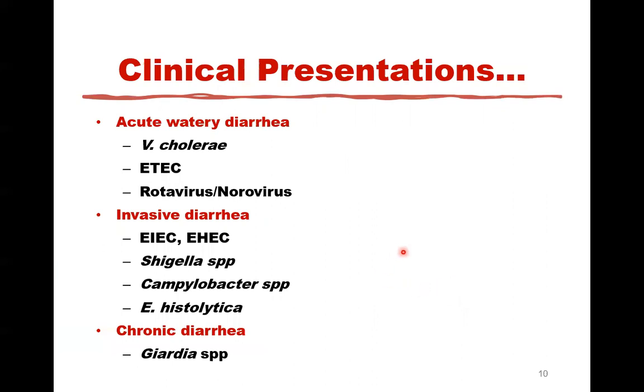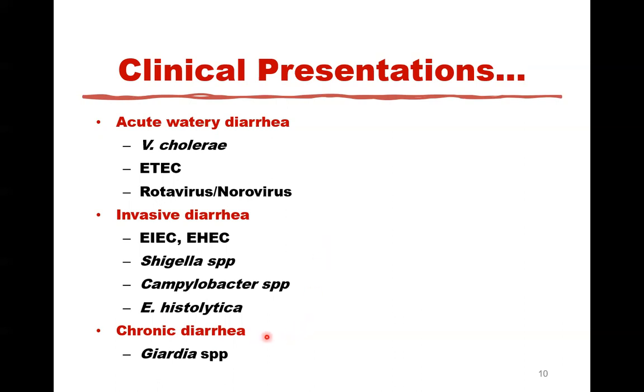So clinical presentation. Remember we said that the symptoms could be due to different underlying effects on the GI tissues. So when you have infections that are limited to the surface, like I said, you have a compromise in the function of the enterocyte. So you tend to have patients presenting with acute watery diarrhea, okay? If you have an invasive agent, patient tends to present with dysentery over time.